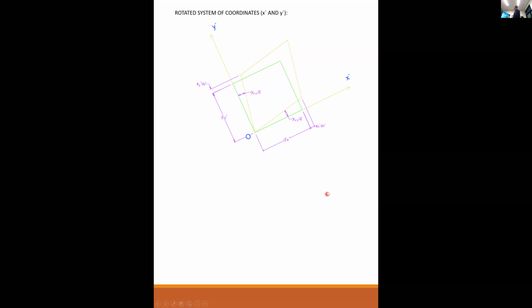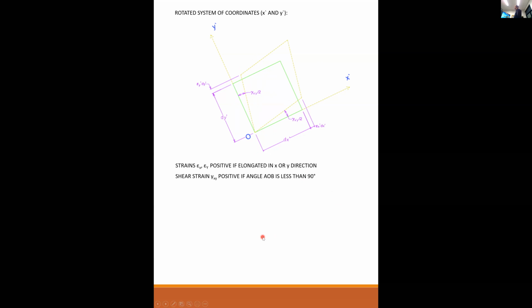So now we're going to rotate our coordinate system to an x prime, y prime coordinate system. Strains in the x, or epsilon x, epsilon y are positive if they are elongated in the x or y direction. So these are shown as positive strains, which would indicate tension.